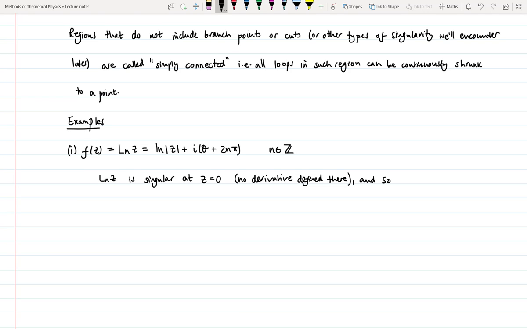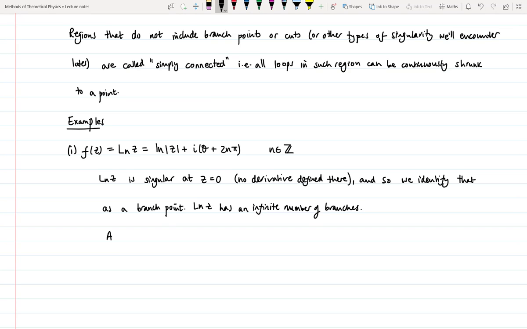Hence, we identify z equals 0 as a branch point of the function. It's clear from the definition as written that ln of z has an infinite number of branches. And that's true because any value of n gives you a completely new branch of the function.